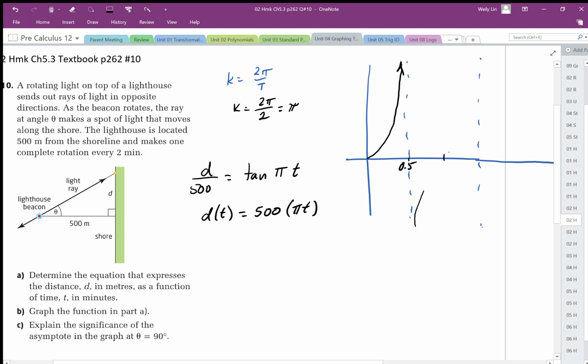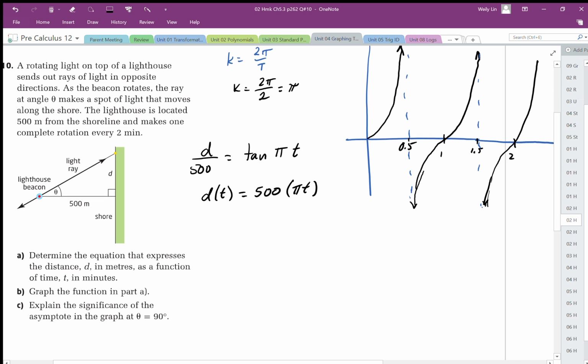It's going to come from the other side like this. That is going to be at 1 minute. This is going to be at 1.5 minutes, and then again the function is going to come around like this and just keep on repeating itself. And that will be 1 full cycle from here. From this point here to this point here is going to represent a 2 minute cycle.